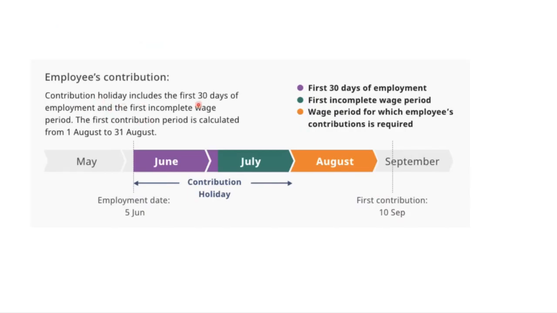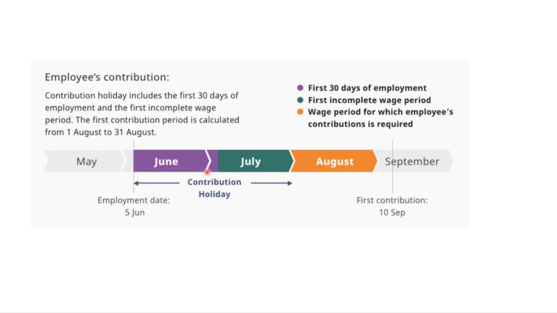So, the contribution holiday includes the first 30 days of the employment and the first incomplete wage period. The first contribution period is calculated from 1st of August to 31st of August. When we talk about the first 30 days of employment, since the employee join date was on 5th June, the period till 5th July is basically the 30 days of holiday period which they do not have to contribute.